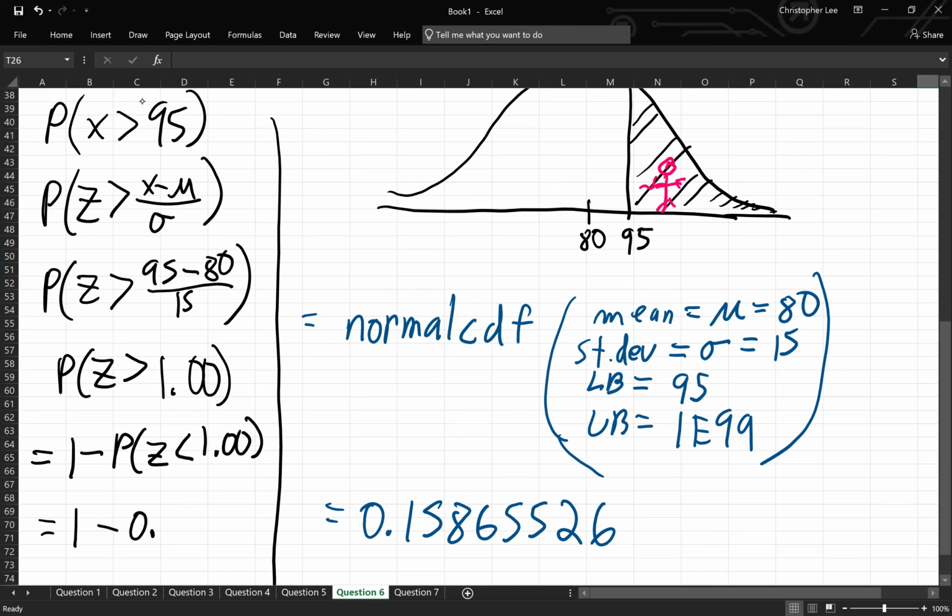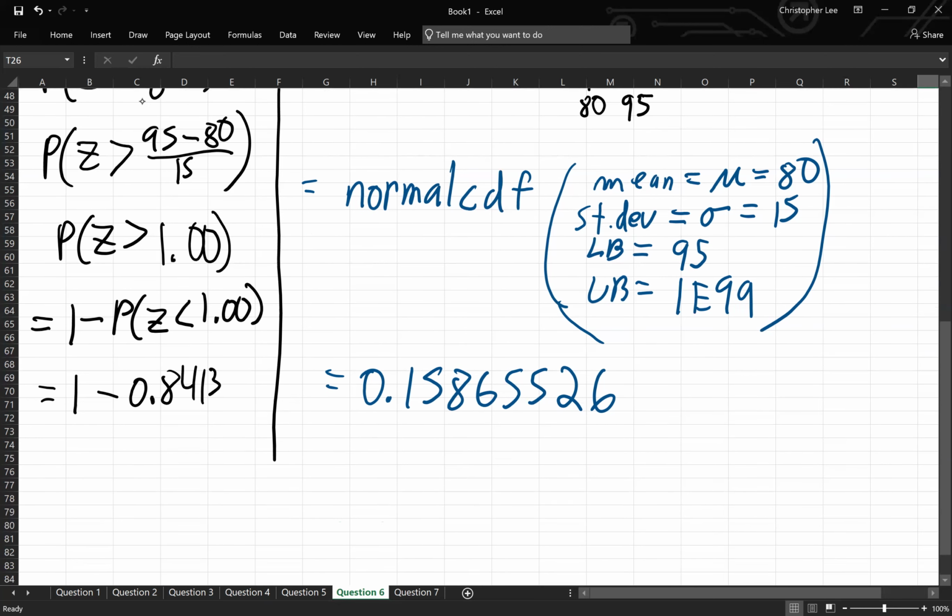So we got 0.8413. All right, and when we do that in the calculator, what's 1 minus 0.8413?